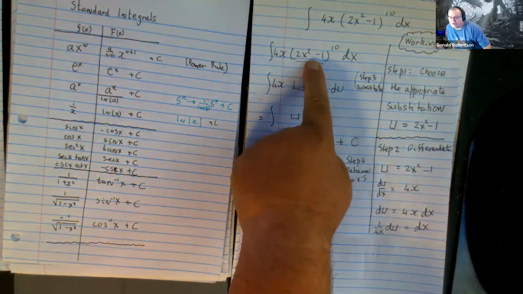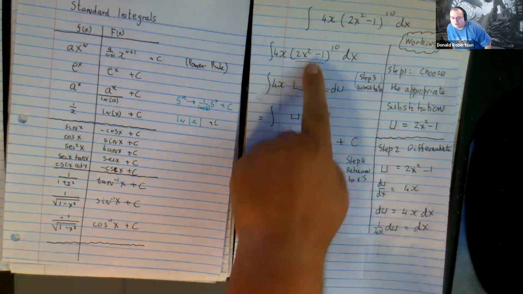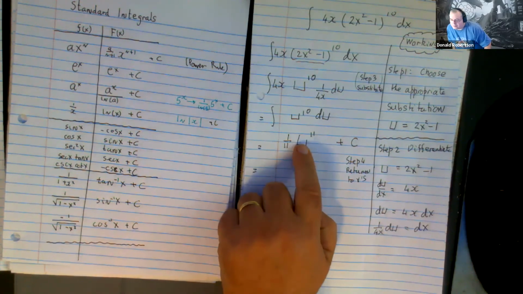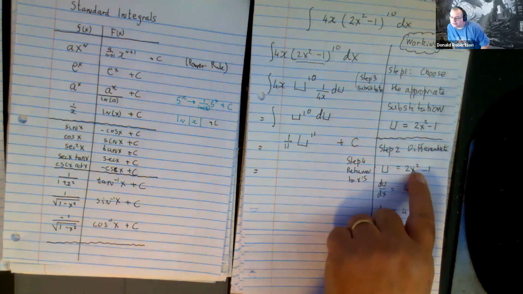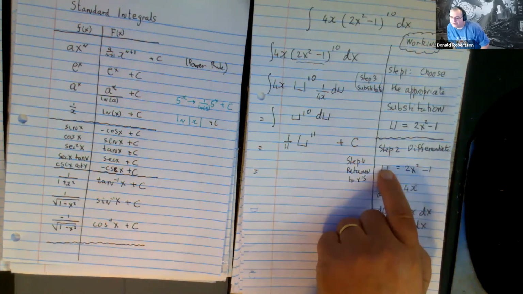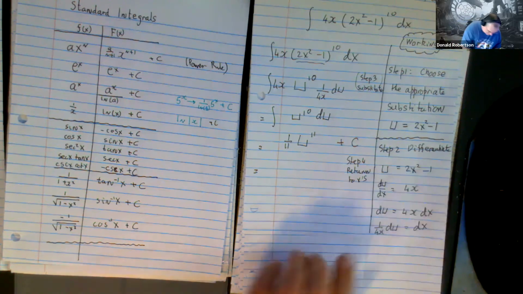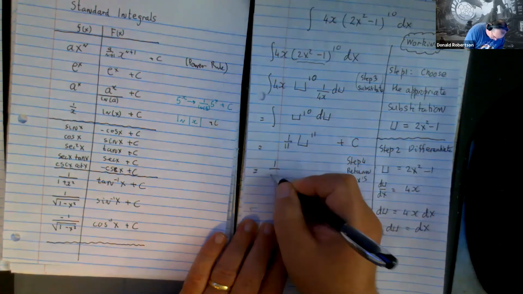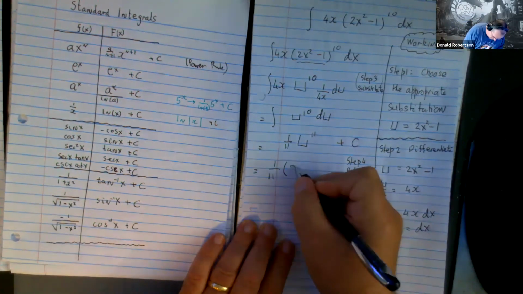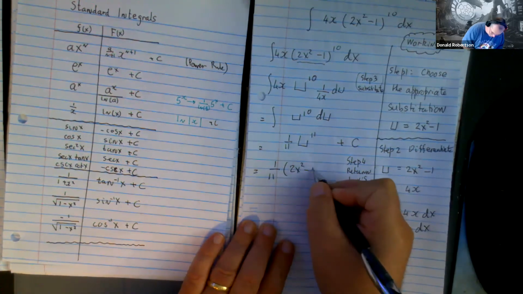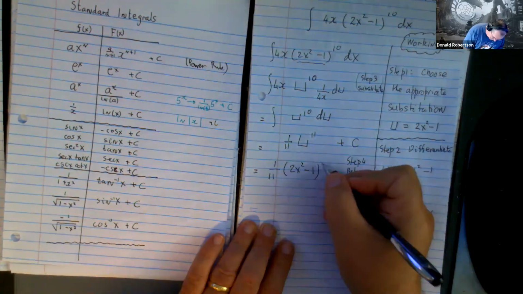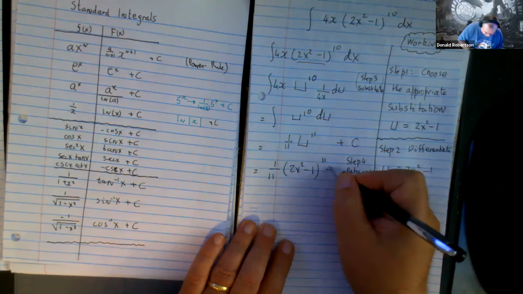I want to know what the answer is with x's. This is what I've got. How do I get to return? I just substitute some more. I replace my u with that guy. So this fella becomes 1/11th, instead of u, (2x squared minus 1) to the power 11, add c.